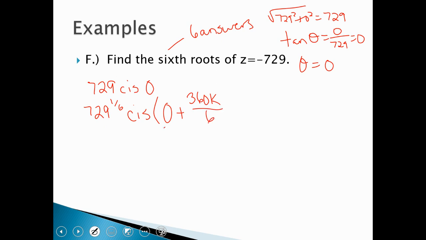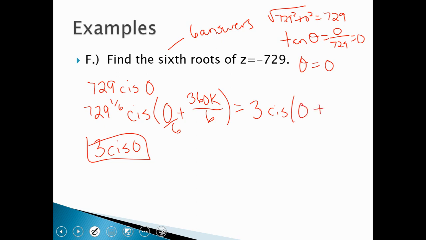I guess technically we also divided that 0 by 6, but 0 divided by 6 is 0. So the 6th root of 729 is 3. The first one is 3 cis 0. And then if we were to keep going with this, this would be 3 cis 0 plus 360 divided by 6 is 60k.